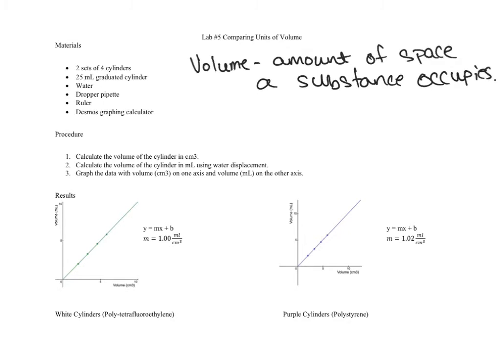All right. So now, how can we measure volume? All right, we saw how we could measure mass. How do we measure volume? So there are 2 different ways that you can measure volume. All right, 2 different units. One unit that you can use to measure volume is milliliters.